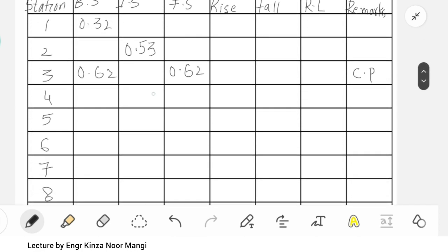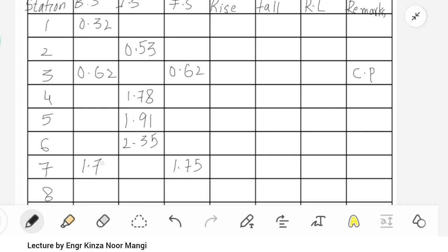Let's input these values. 1.78 is the backsight, then the intermediate sight readings will be noted: 1.91, 2.35, then 1.75. At this seventh point the instrument has changed, so the foresight and backsight readings will be the same.